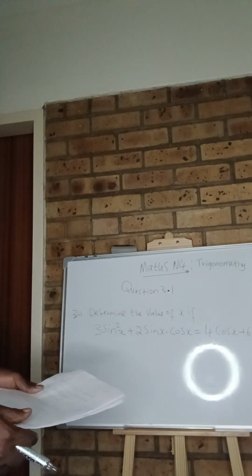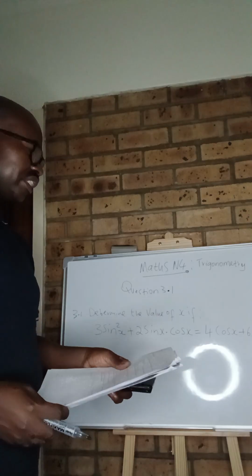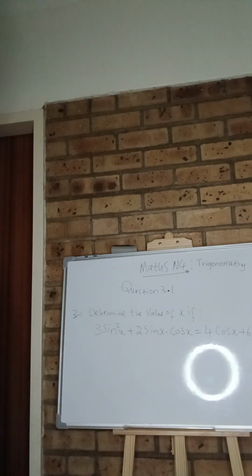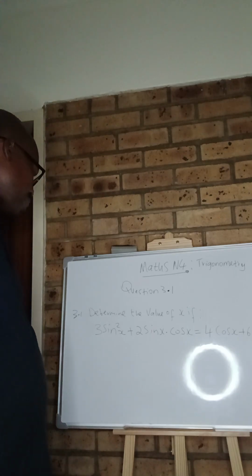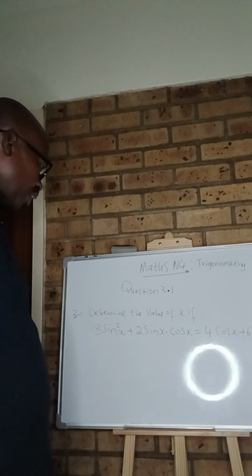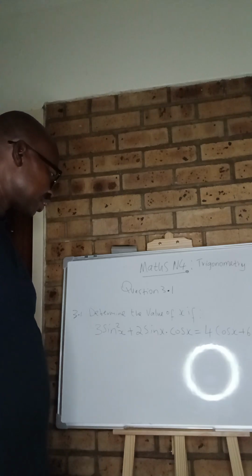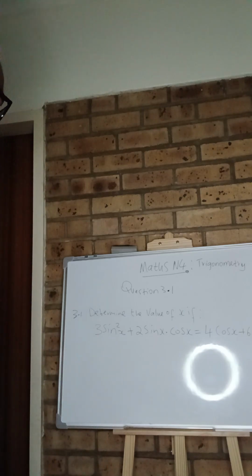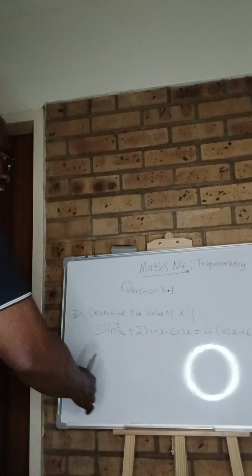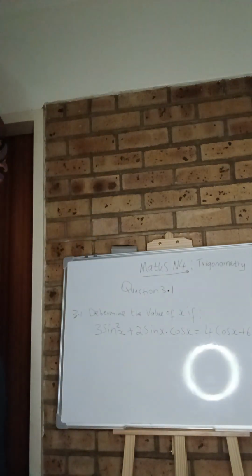In a scenario like this, we can see that our equation is very complicated. But we have mathematical tools where we can simplify and bring it to an equation that is solvable. As we look at the right and the left, we can see that there is something we can do.